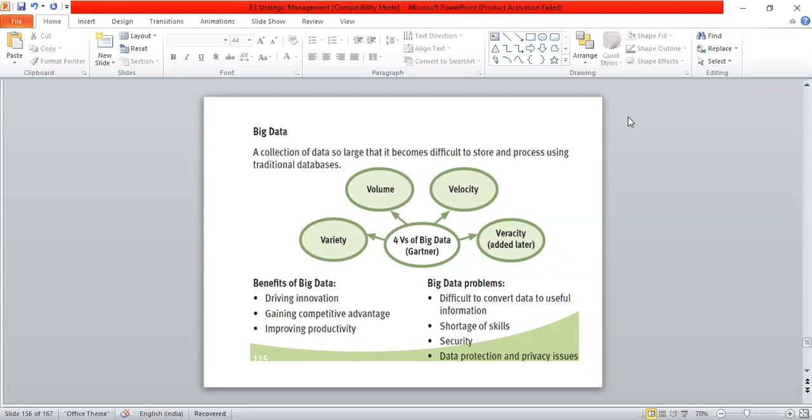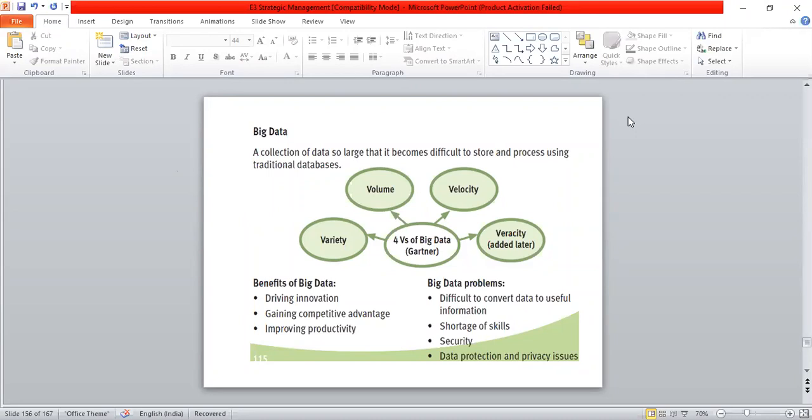After that, veracity is the truthfulness, the fairness of the data. It is not manipulated data; it is fair data which has to be considered. Now that is veracity. These are the characteristics of big data. There are benefits of big data, and there are some disadvantages or limitations of big data.